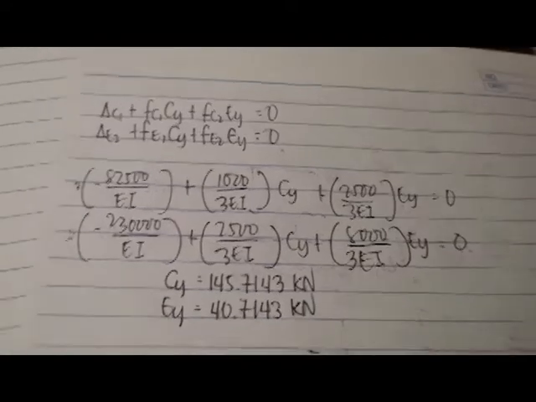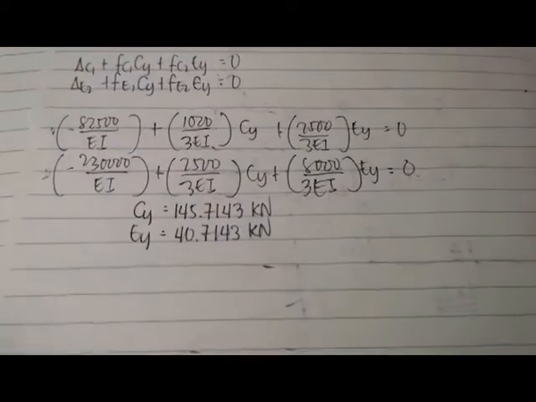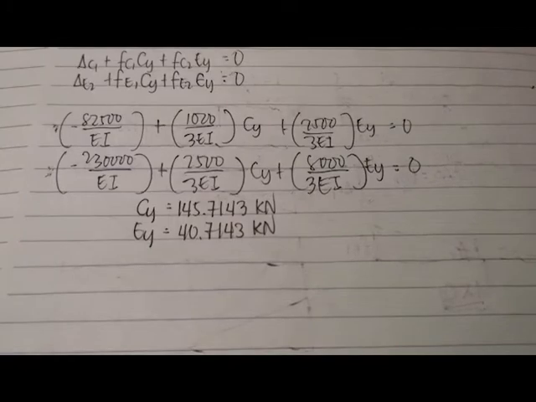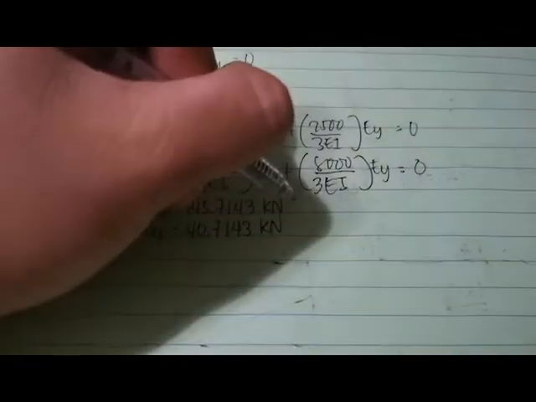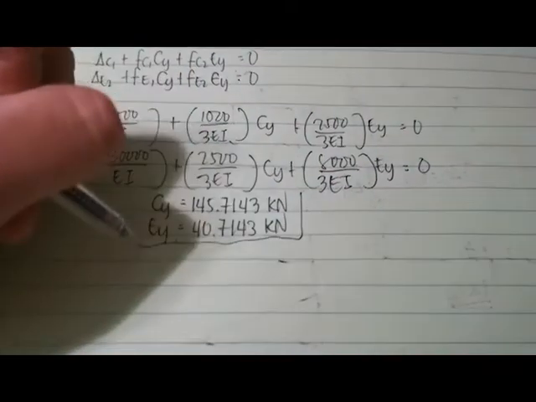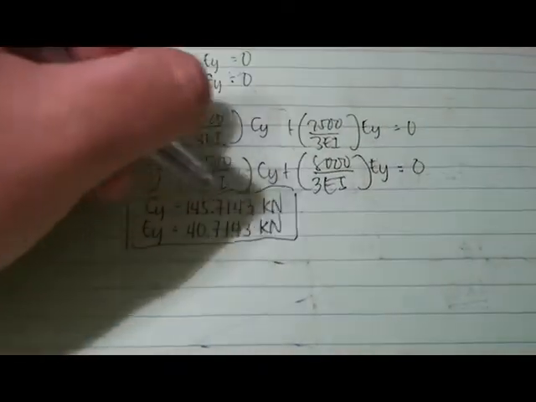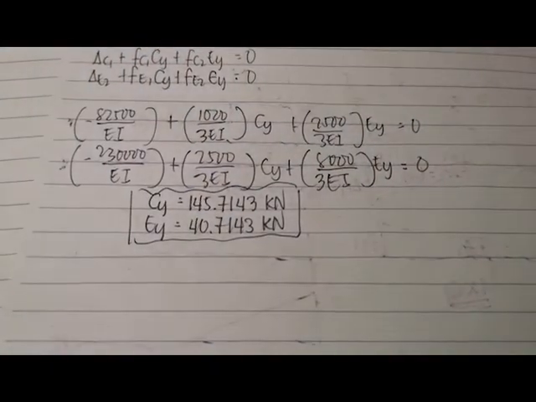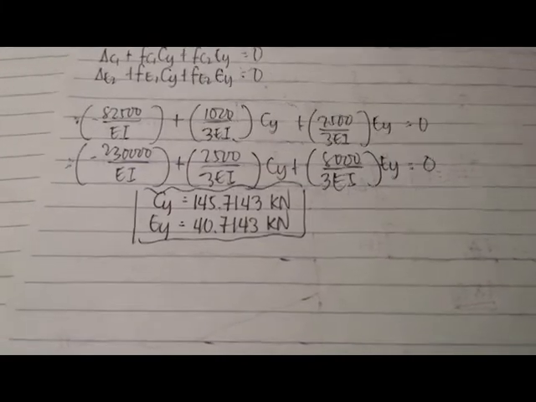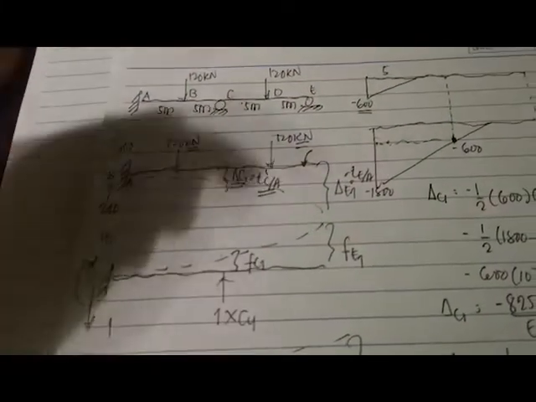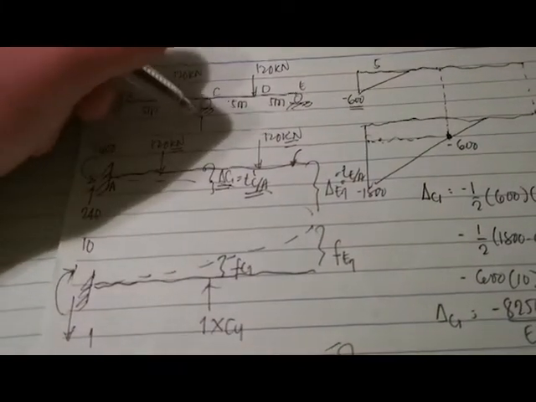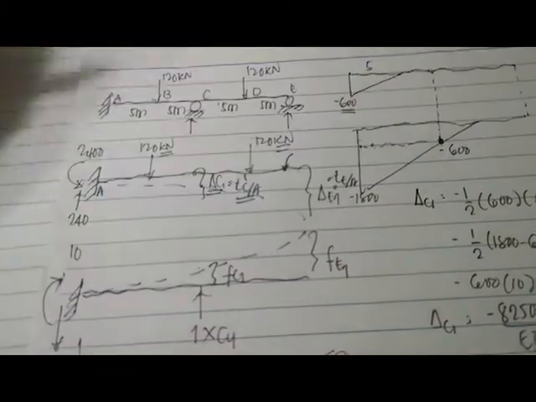Okay, so we now have the reactions of your redundants. Going back to this figure, we now have your CY and your EY here.